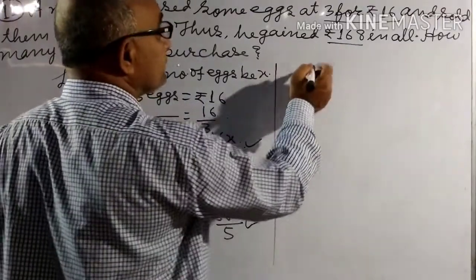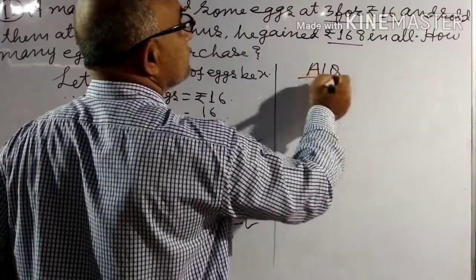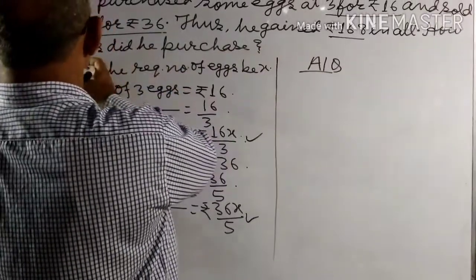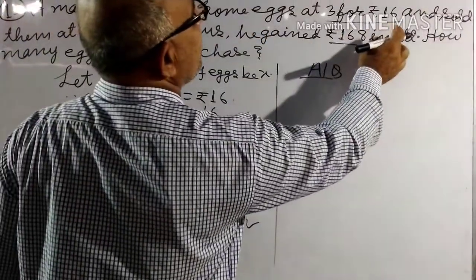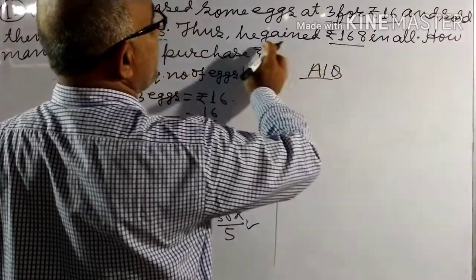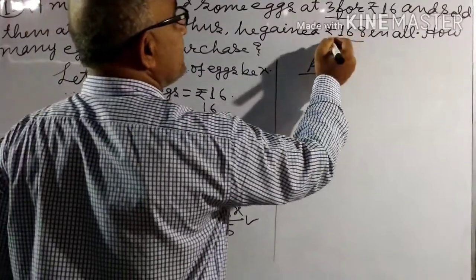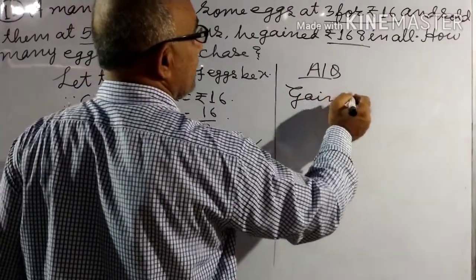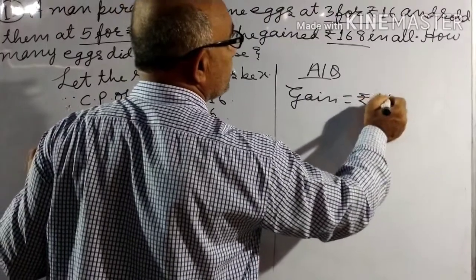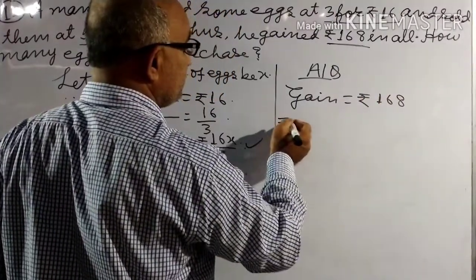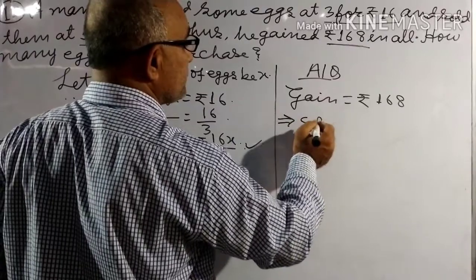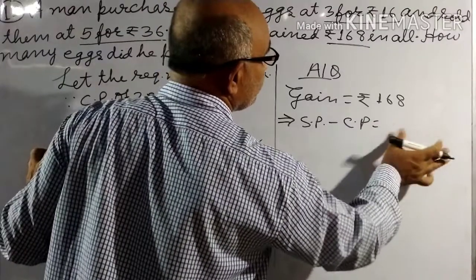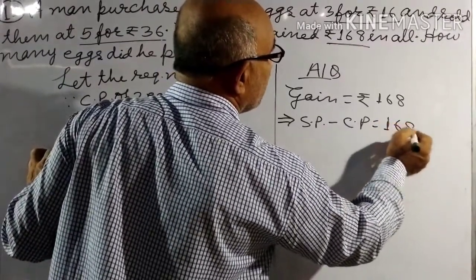According to the question, he gained rupees 168. That implies gain equals SP minus CP equals 168.